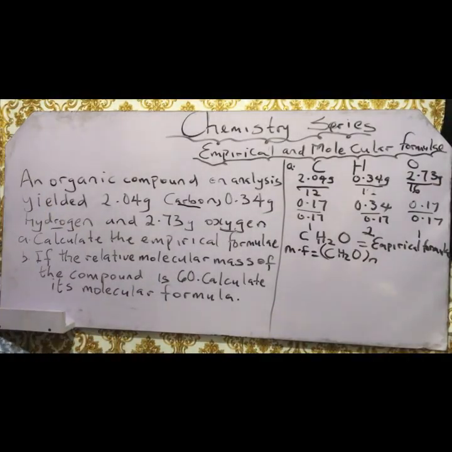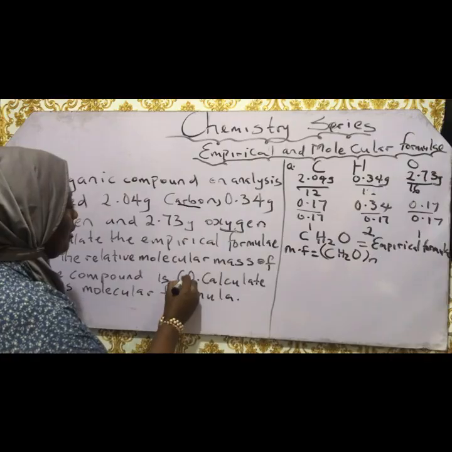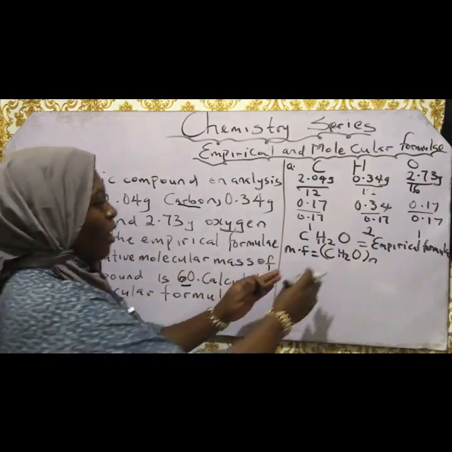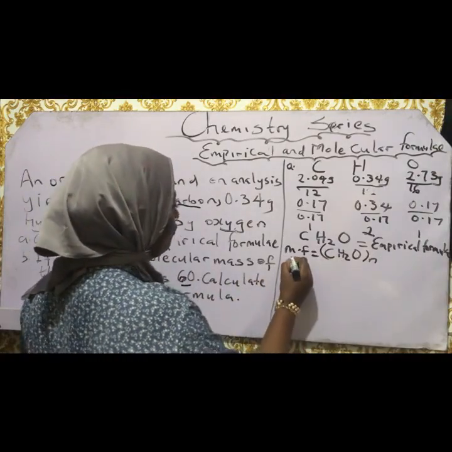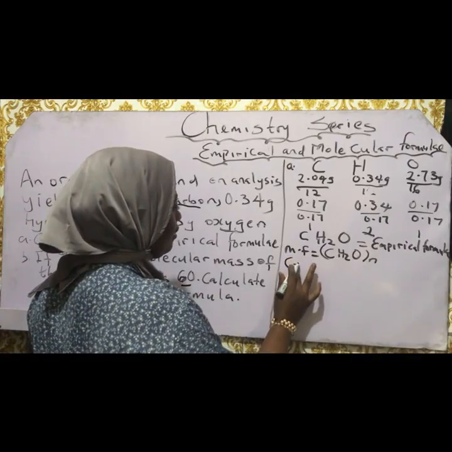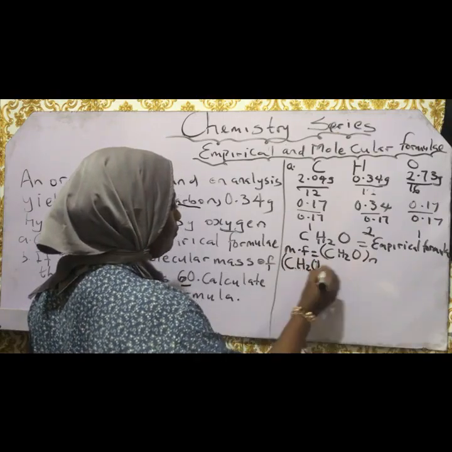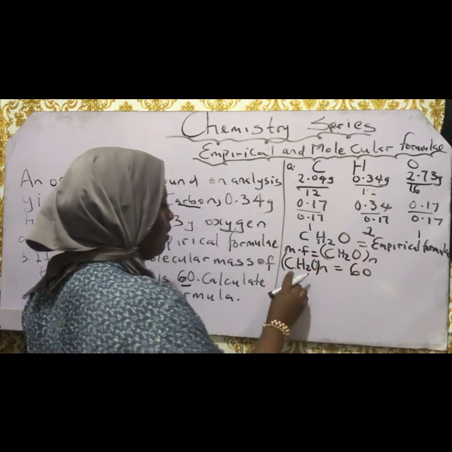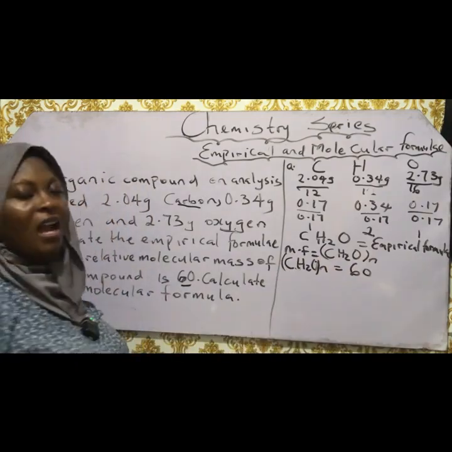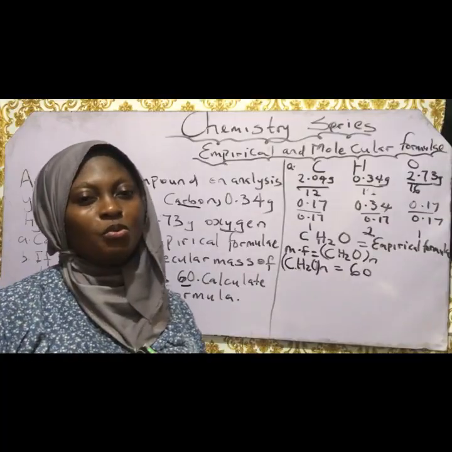But the question says the relative molecular mass of the compound is 60. So it means that when you add up everything here, you have 60. So you have (CH2O)n is equal to 60. Now we have one atom of carbon, and the relative atomic mass of carbon is 12.